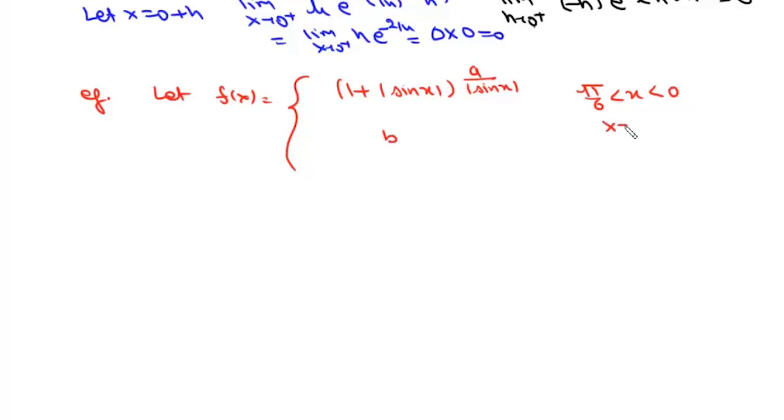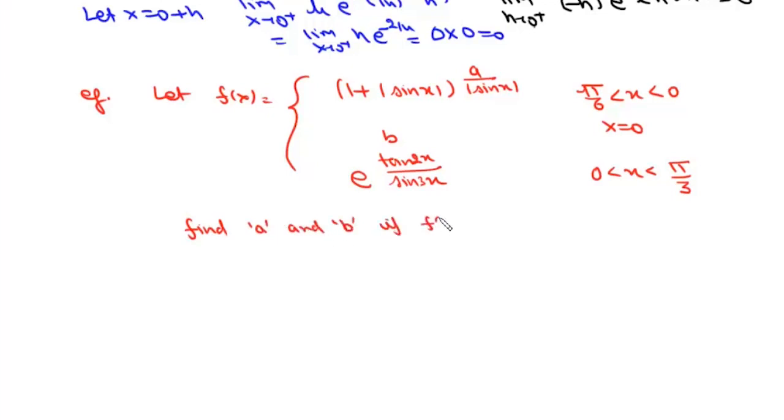It is b when x equals 0 and it is e to the power 10x upon sin 3x when x lies between 0 to pi by 3. So it says find a and b if fx is continuous at x equal to 0.